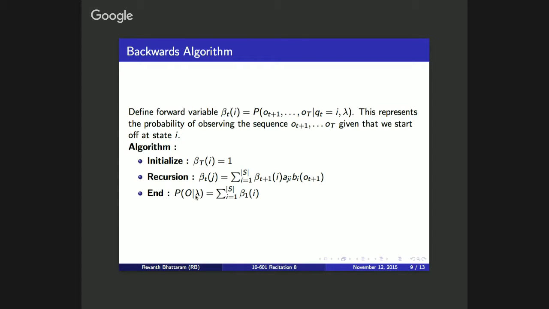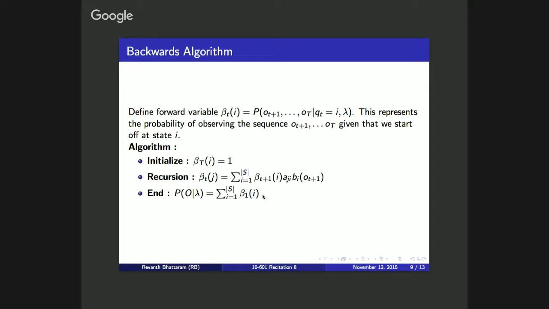Why do you not need to include pi at the very end? You mean like the initial distribution? The initial distribution, okay. Over here, the probability that you start off in this state, right? So what would this be?